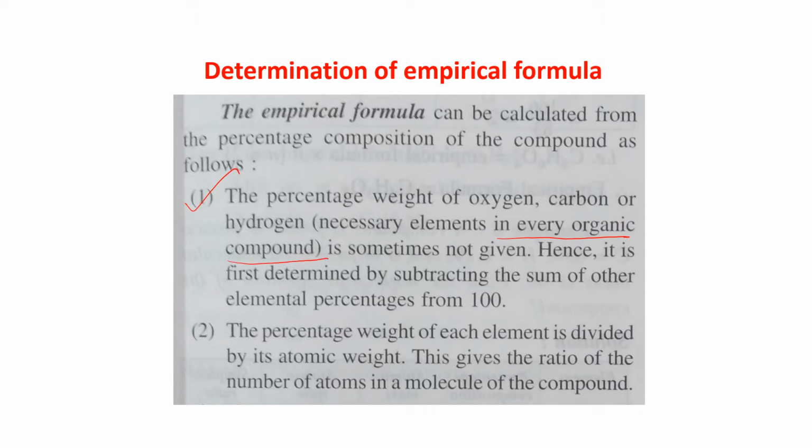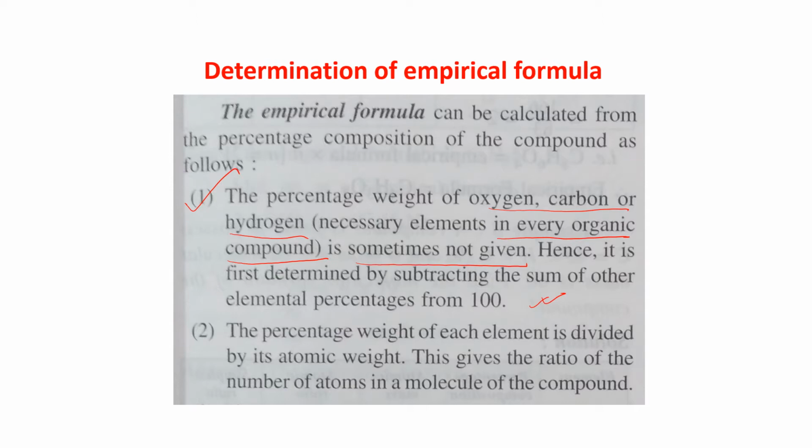When you do the numericals, you will find that many numericals are given for organic compounds, and in an organic compound, oxygen, carbon and hydrogen are present. So the percentage weight of oxygen, carbon or hydrogen is sometimes not given. Hence, it is first determined by subtracting the sum of other element percentages from 100.